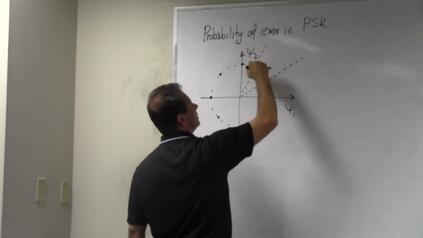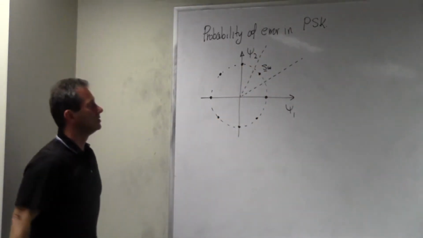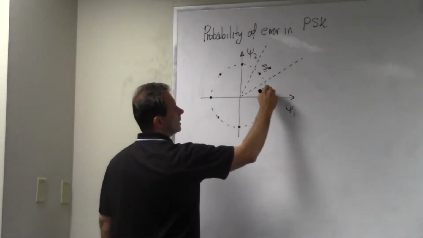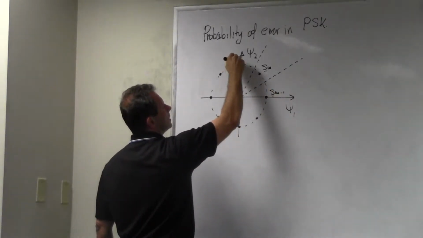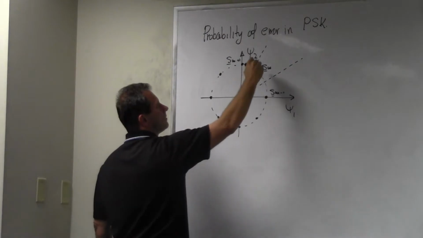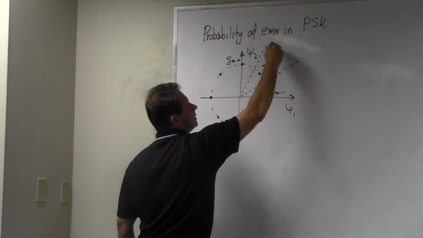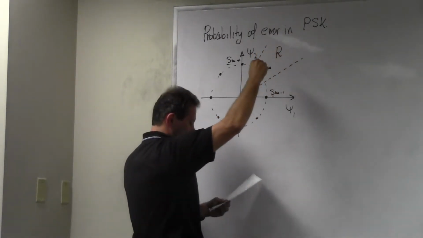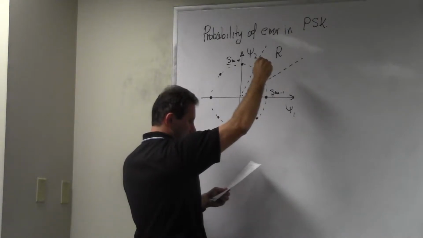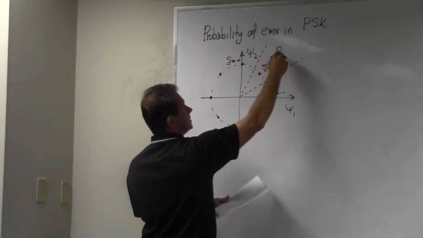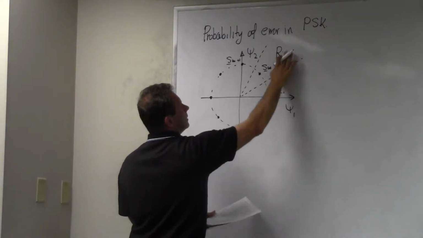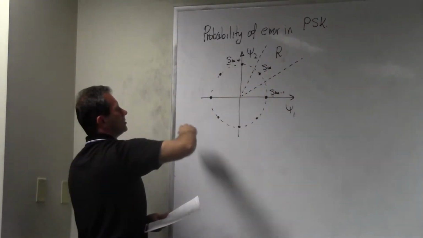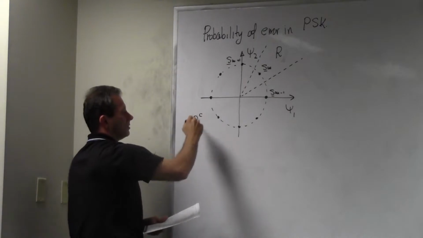These two are in the middle between the two adjacent symbols. So this is your Sn minus 1, and this is Sn plus 1. Whatever falls within this area here is your region R, and this area outside is your R complement.